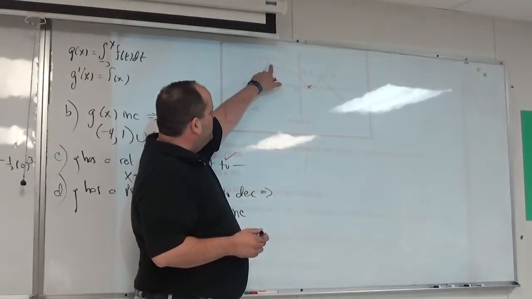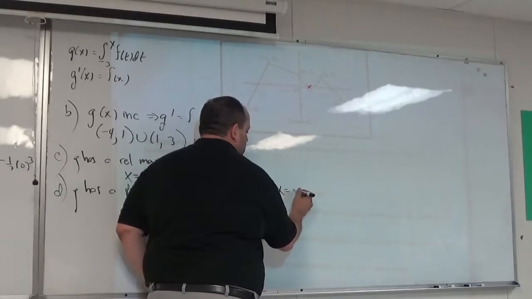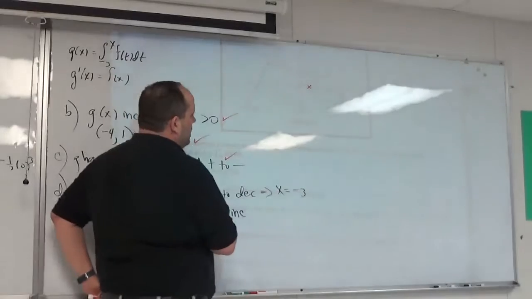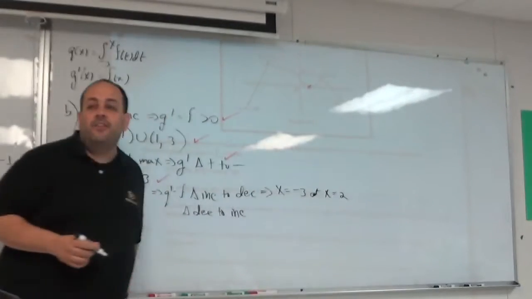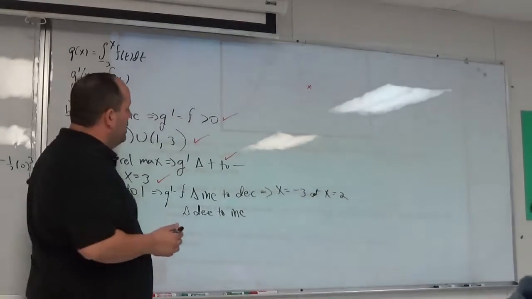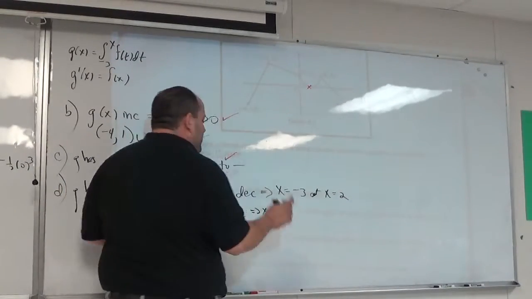At x equals -3, I completely agree. The graph stops increasing and starts to decrease. Jesus, is that the only place? No. Where else? X equals 2. At x equals 2. Are there any other points of inflection? Rubio, what you got? At x equals 1, it goes from decreasing to increasing. I'm sorry, what did you say again?